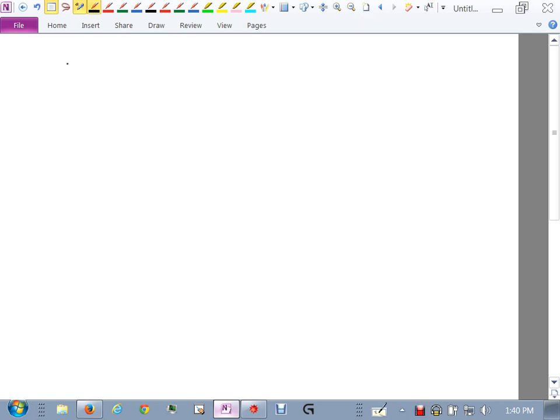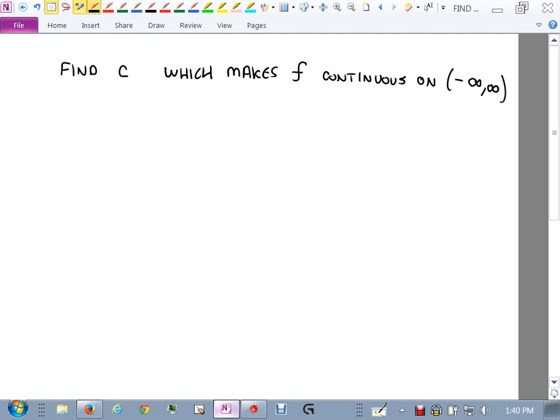It says, find the value of C which makes F continuous on the interval negative infinity to infinity. And here's the definition of the function.